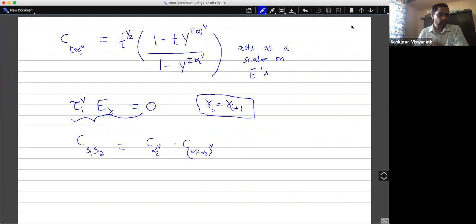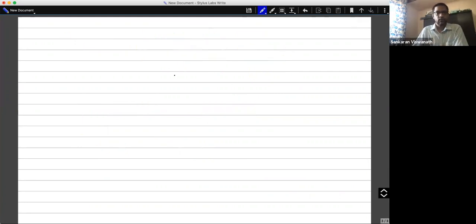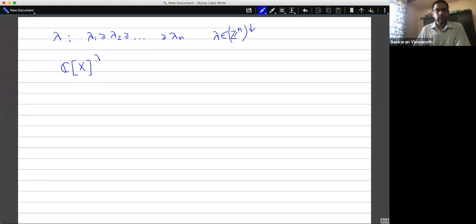Okay. So what this boils down to is the following fact. If I fix a lambda in decreasing order, a dominant element of Zn, then you can look at all these E's and consider Cx lambda, which is the complex span of all the E gammas where gamma runs over the finite Weyl group conjugates of lambda.